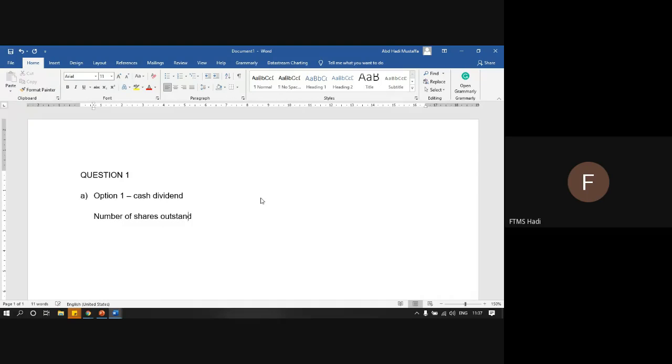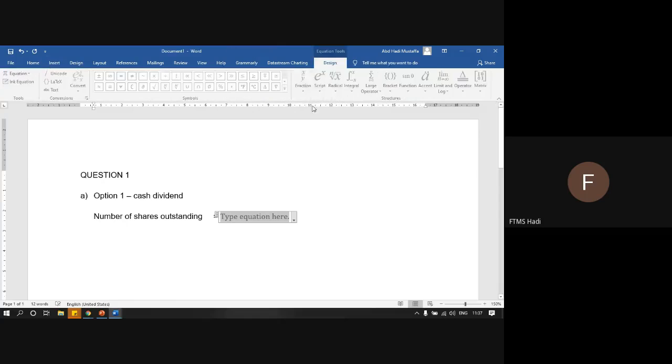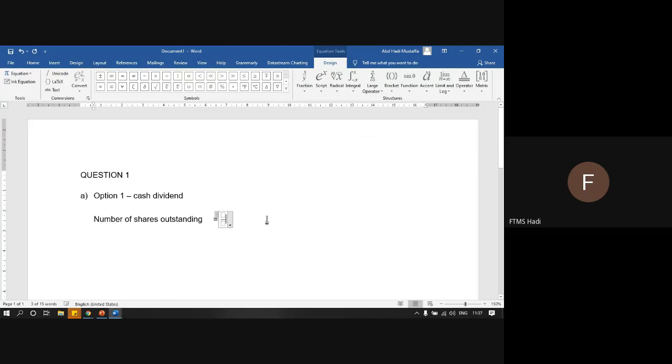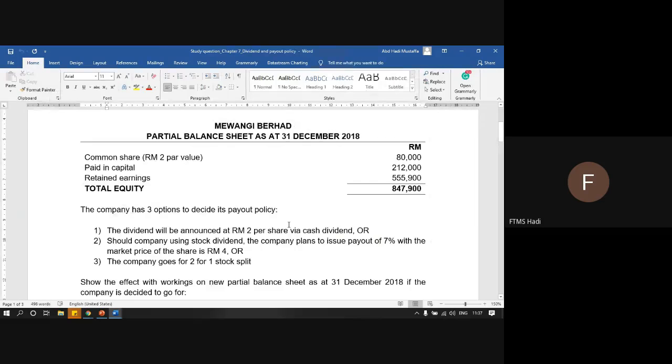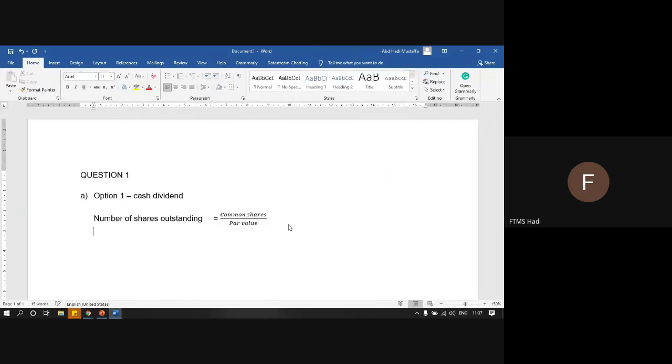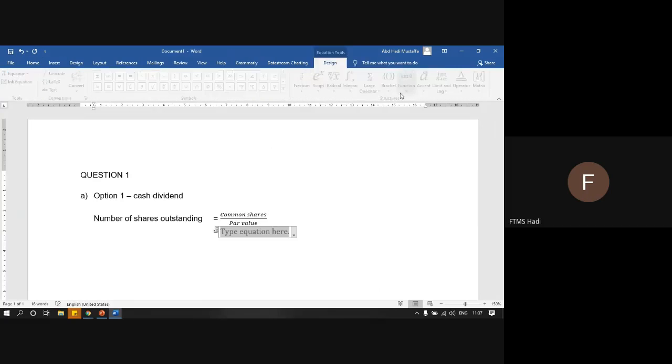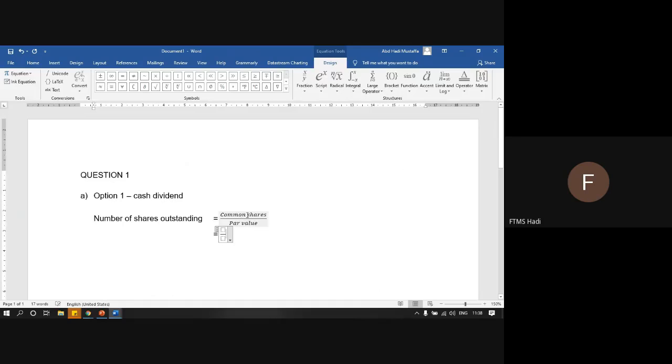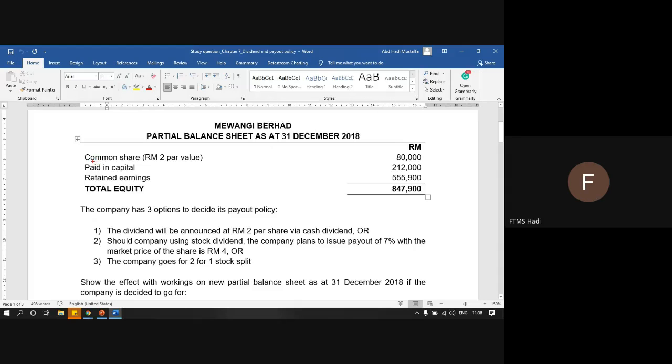Number of outstanding shares means how many shares the company has. The formula will be common shares, or common stock, which is similar, divided by par value. From this, you look at common shares, 80,000, and par value is 2 ringgit.